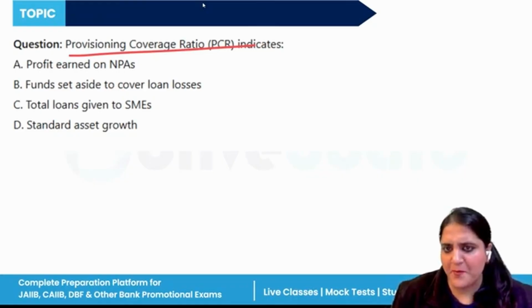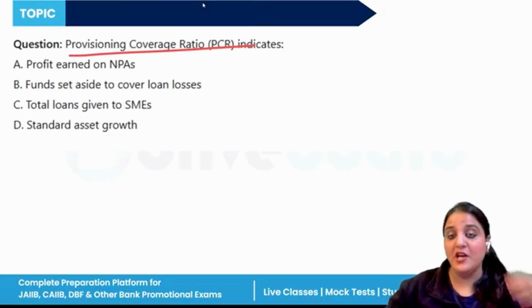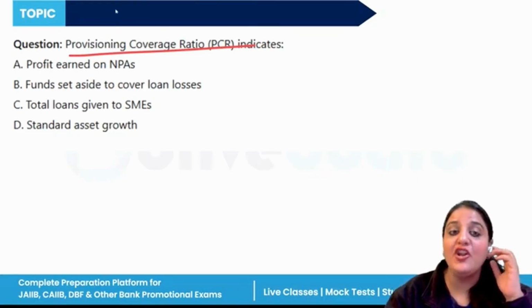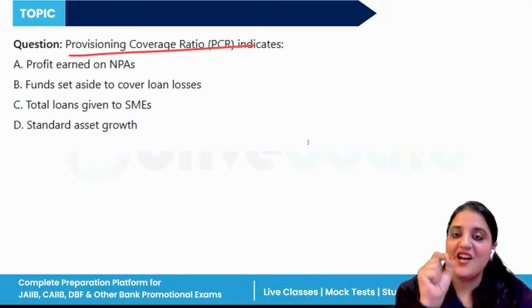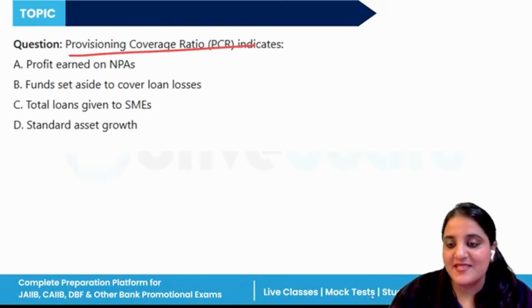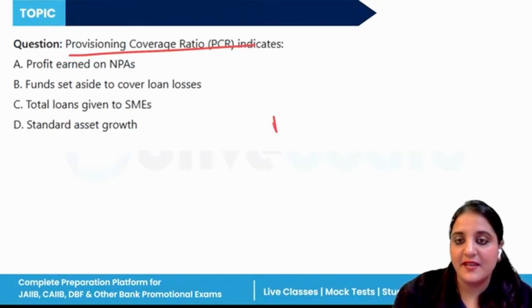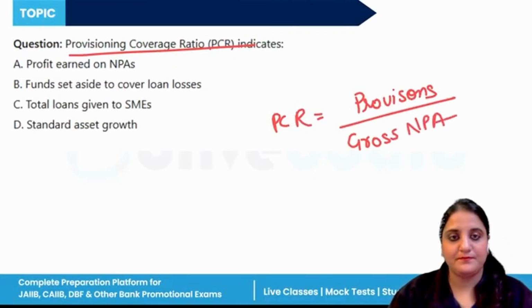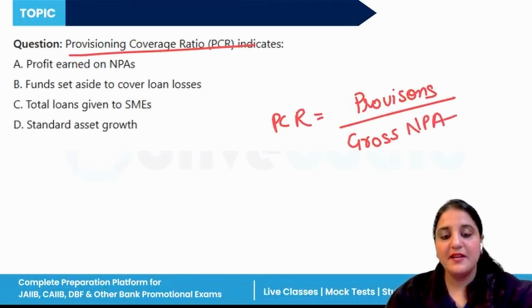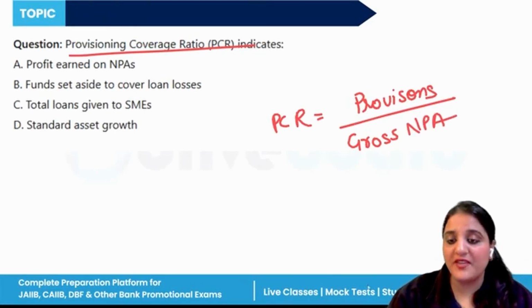How do we know whether the bank is sufficiently prepared for potential loan losses? Provisioning coverage ratio is provisions divided by gross NPA.